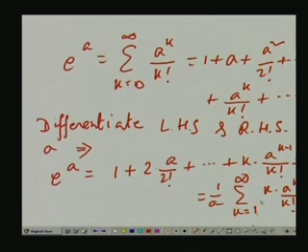As I move to the next page, I rewrite this. What we have just now seen is that e to the power a can always also be written like this.